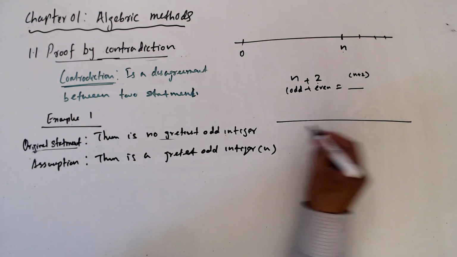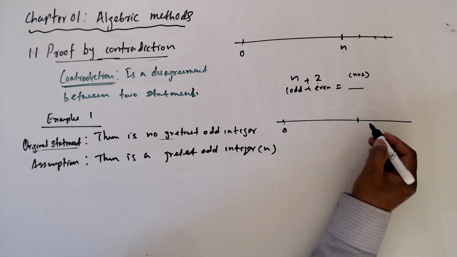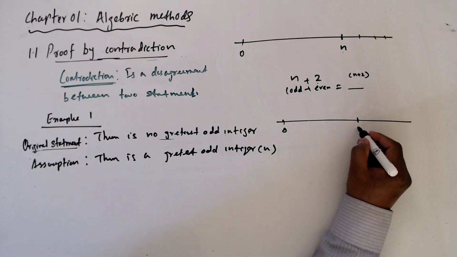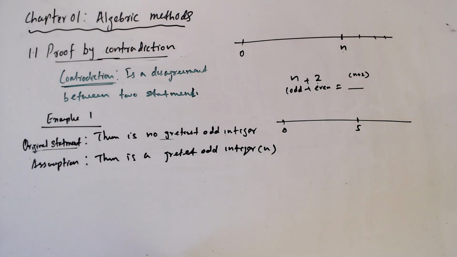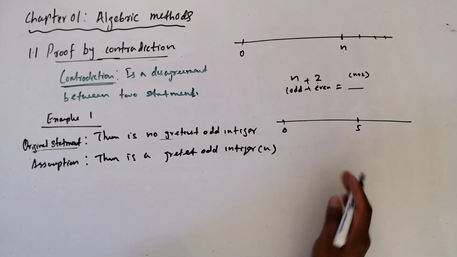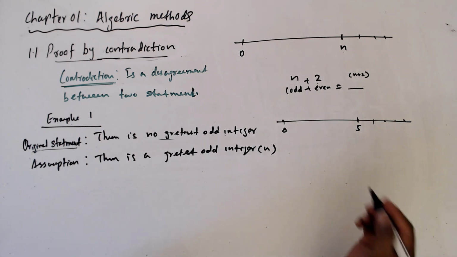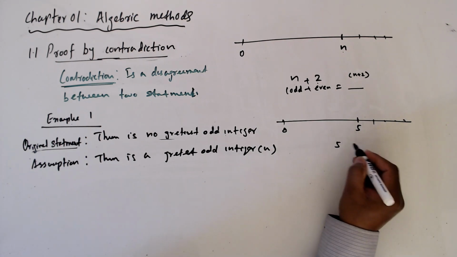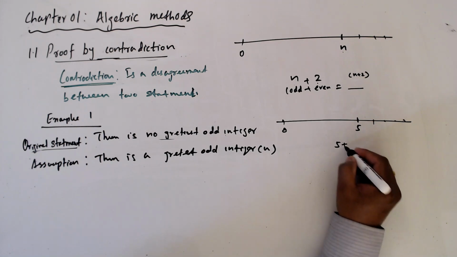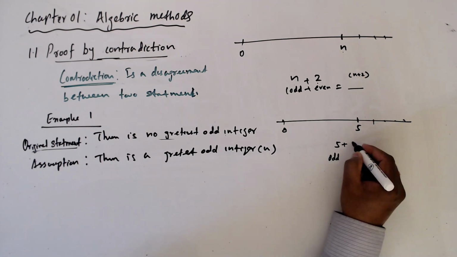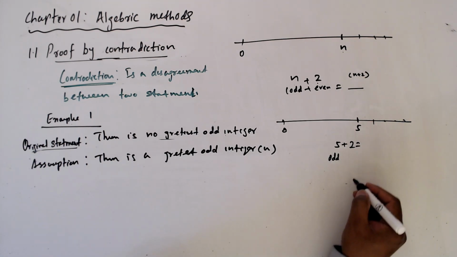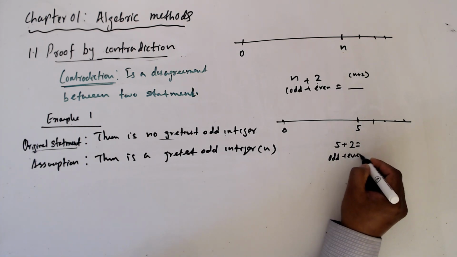Now assume on this number line that 5 is the greatest odd number. Then there are no more odd numbers greater than 5. So take 5, which is odd. Then you add 2, which is even.